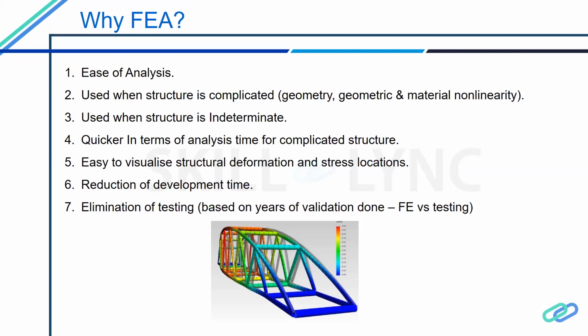Suppose you are testing a product and you get some results in the FE, and you find a huge deflection in the actual test, and that puzzles the customer. Your FE is telling you that you get an X number as deflection, whereas your test is showing a huge deflection.